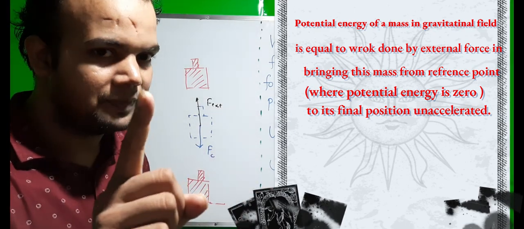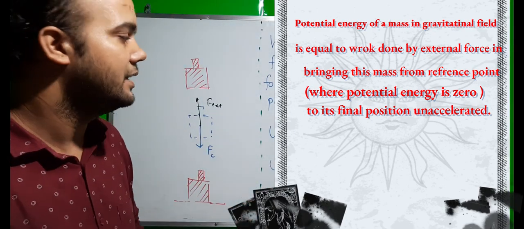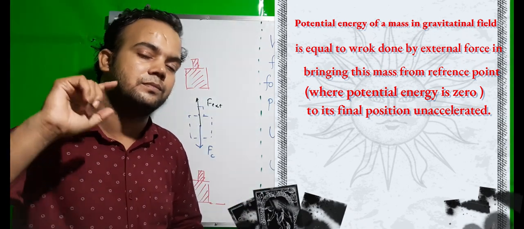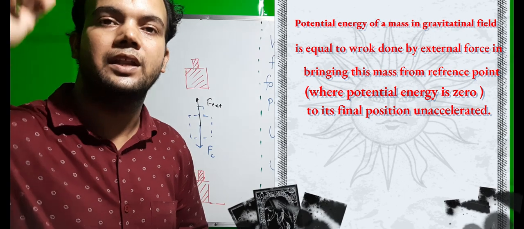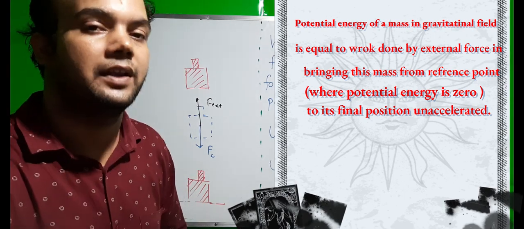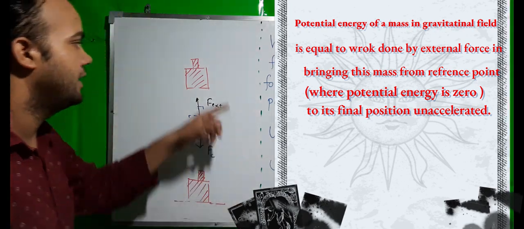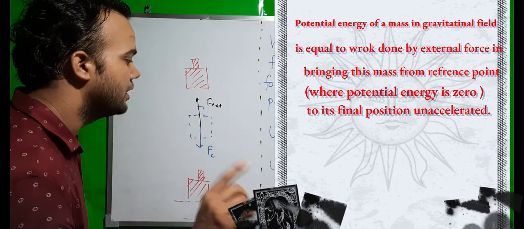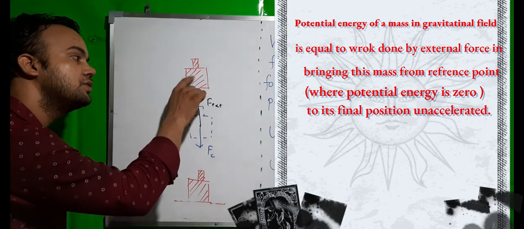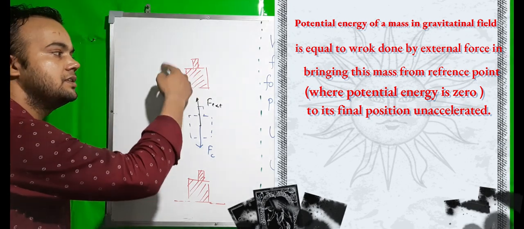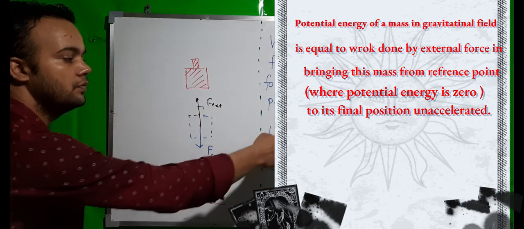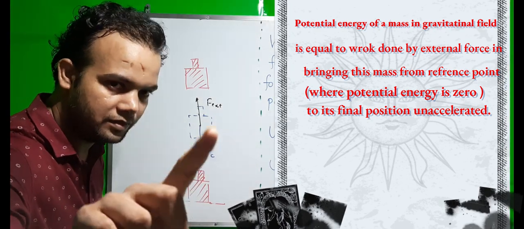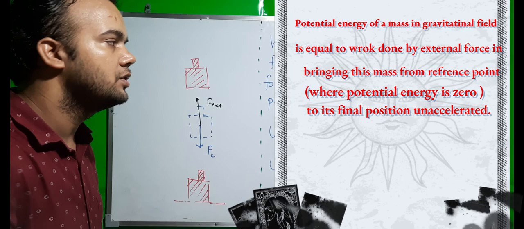The second point is that this work is done from 0 potential energy to any position where you are defining potential energy. Suppose I am defining potential energy here, then I move the body from the ground, where we have assumed zero potential energy, to this position.